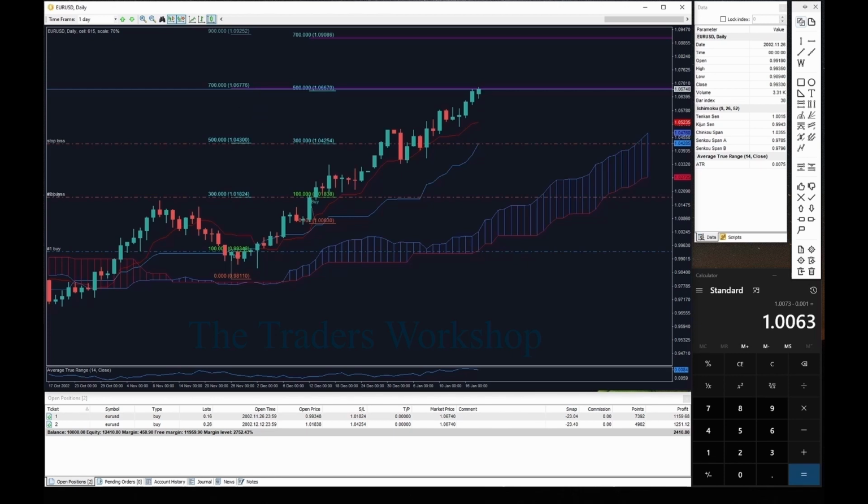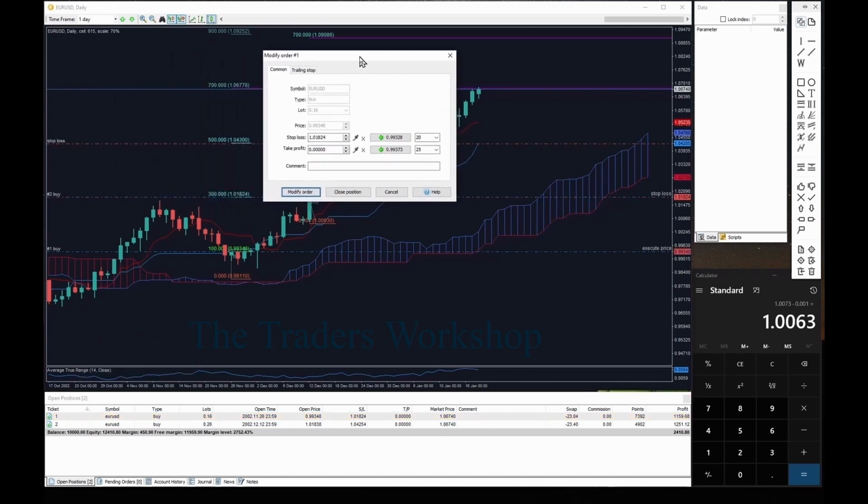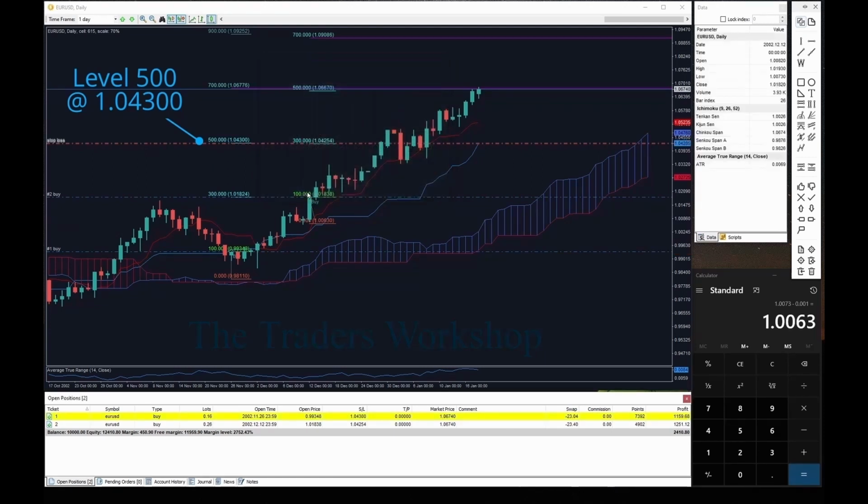Currently, this is where our stop loss for this position is. Now let's modify this. The new stop loss price should be at level 500, at this price level of 1.04300. Then, click Modify Order.